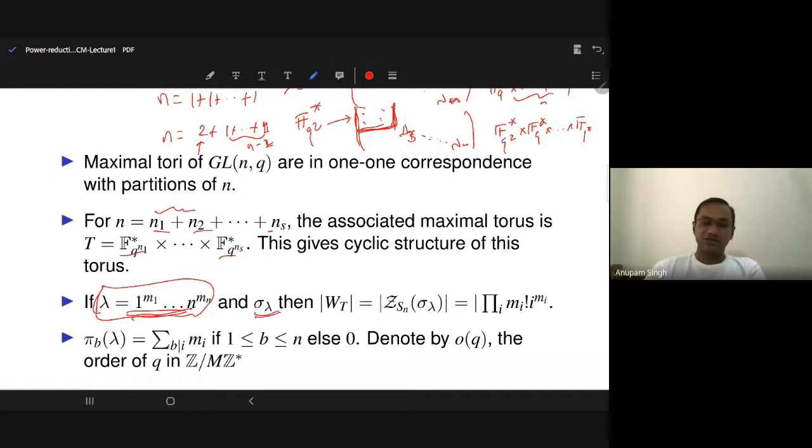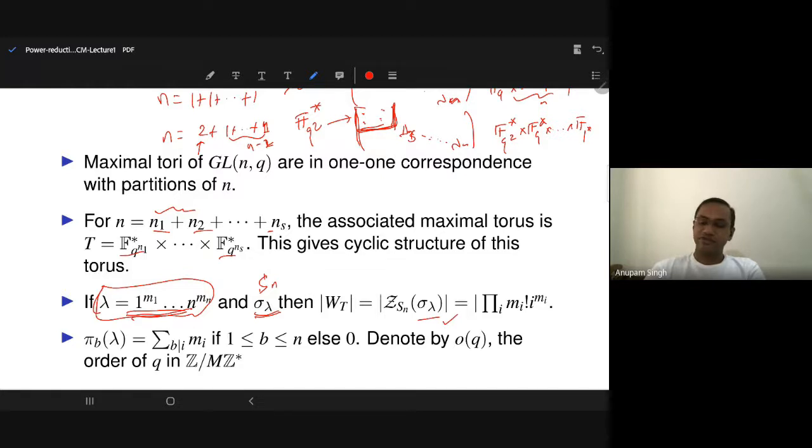Write down the associated element in the group Sn. There is a standard element in Sn corresponding to every partition, or whatever you want to call it. And the Weyl group is nothing but the centralizer of that element in Sn. It's isomorphic to that, but all I need is the size, so I can just compute the size knowing this.